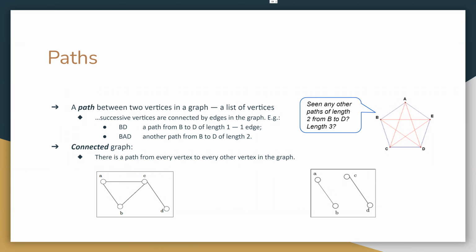Oh, yeah. So in this one, it says BAD is a path. BAD is length 2, B to A and A to D. BED is another one, and BCD is also another one.